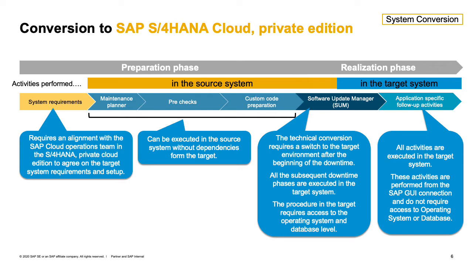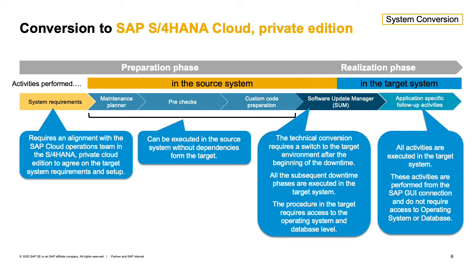Switching now to the realization phase, we have the technical steps of the conversion performed by the Software Update Manager tool. This step is organized with a sequence of uptime and then downtime activities. Right at the beginning of the downtime part, the execution will require a switch to the target environment in the private cloud, where the Software Update Manager tool will continue to run.